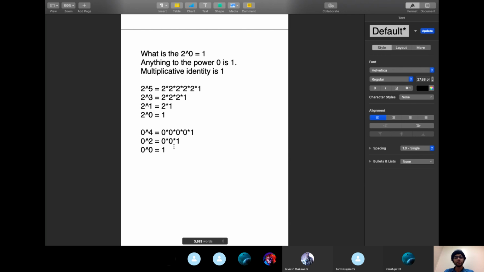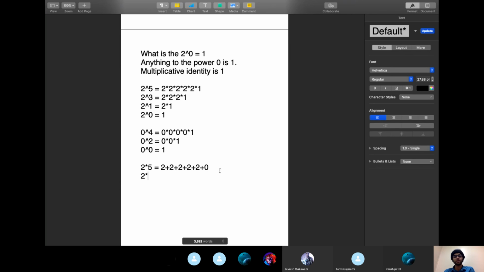That will make it more understandable for you. So let's say, you guys know that multiplication is repeated addition. Just like how raising to the power is repeated multiplication, multiplication is repeated addition. So if I say 2 times 5, I'm technically saying 2 plus 2 plus 2 plus 2 plus 2 plus 0 because 0 is the additive identity. So we are adding 2 5 times and then that's 0.